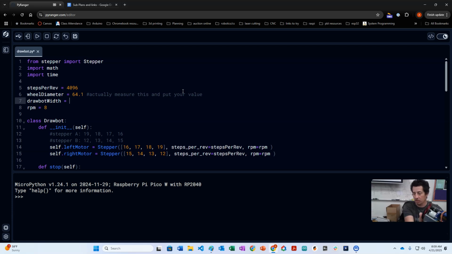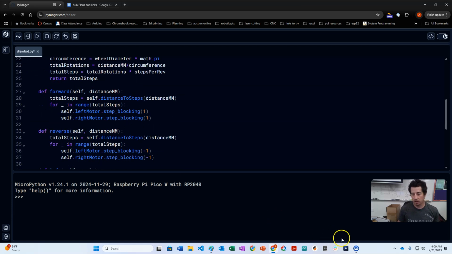If we were to measure this, we want to measure from right here to right there, and that distance is going to be our drawbot width. I'm just going to throw in a value here, and later, just like the other one, we're going to calibrate it. So let's say it was 100 millimeters for now.